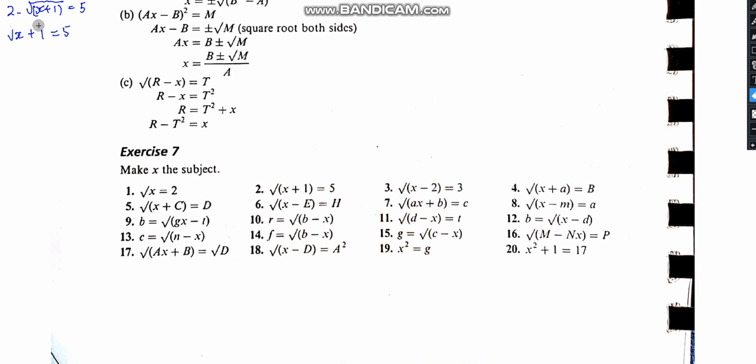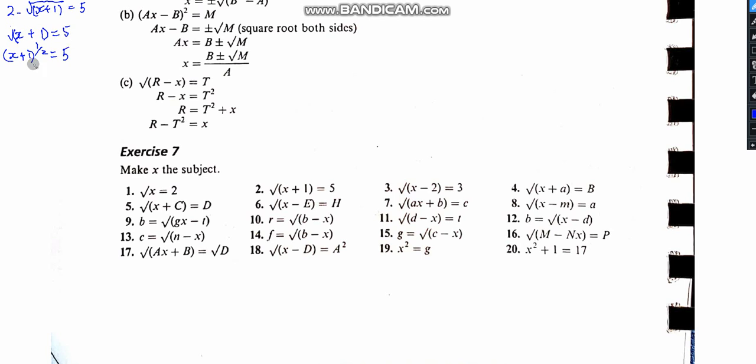So if I put a bracket, like in this question, that means the square root applies to x plus 1.